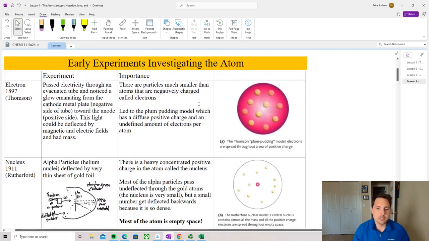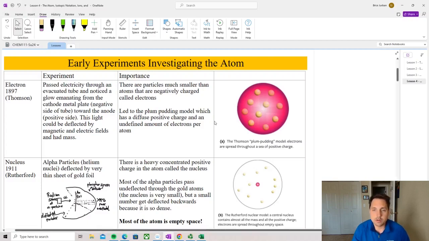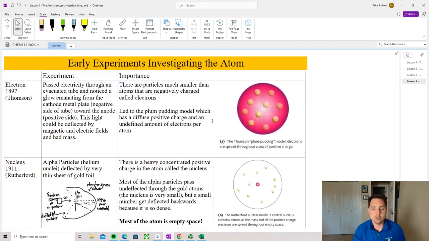And Thomson started to put this into a theory, and this plum pudding model can be shown to the right, where it was known that atoms had a positive charge, but it was thought that that positive charge was diffuse across the entire atom, and that there was an unknown amount of these corpuscles or electrons that were spread throughout this sea of positive charge.